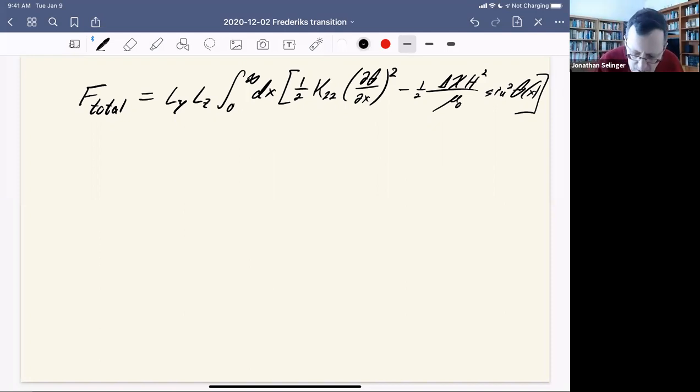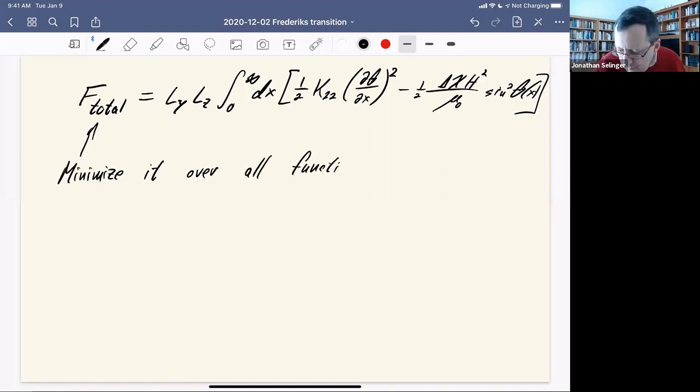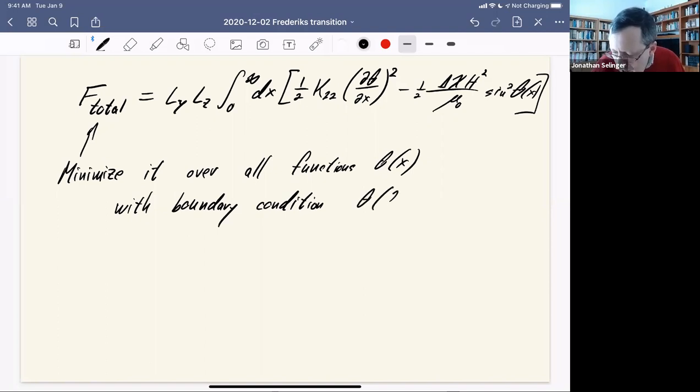We want to minimize it over all functions theta of x, with the boundary condition that theta of 0 has to be 0, so that the director will be aligned in the z direction at x equals 0.